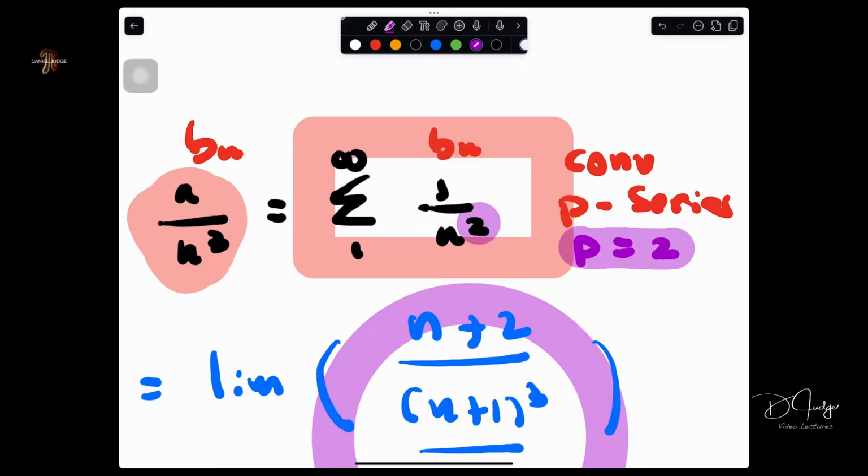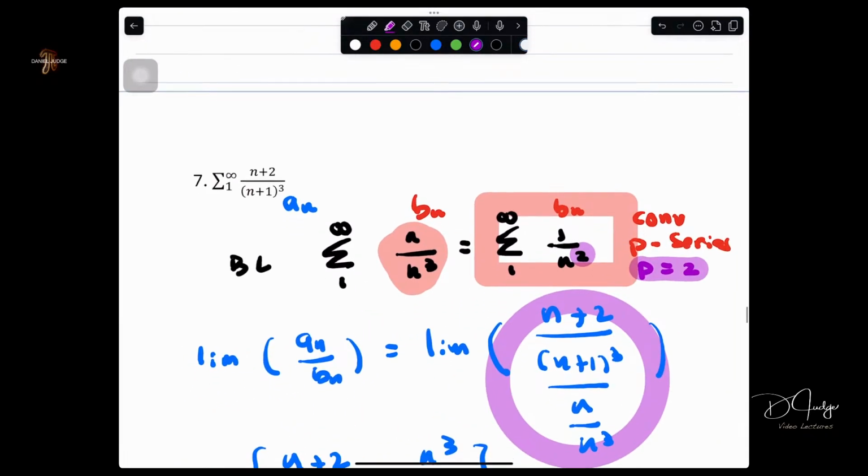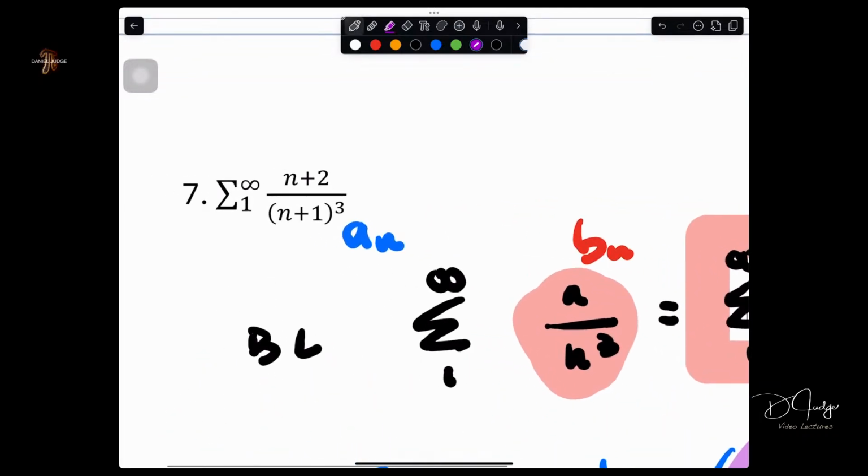It's a convergent p-series. What that means is this particular series is also convergent. So we have convergence by the limit comparison test.